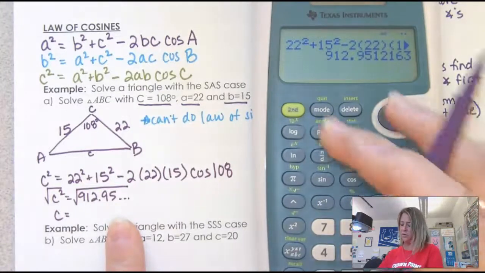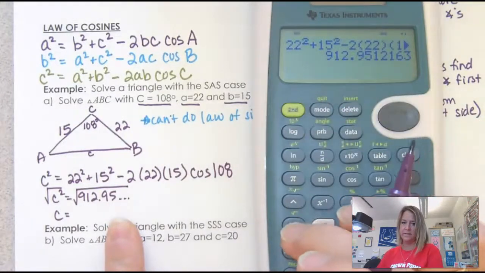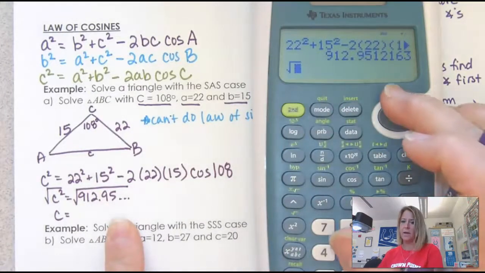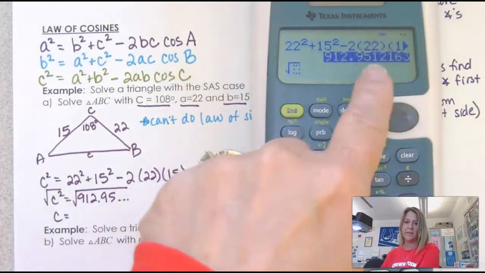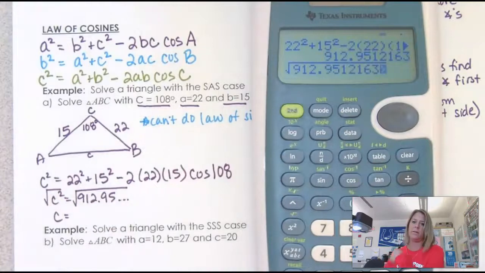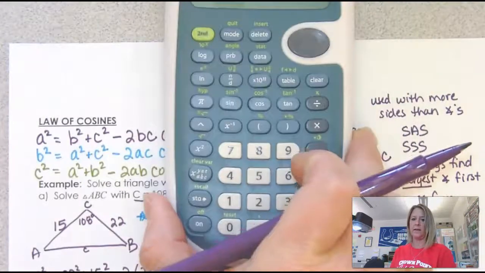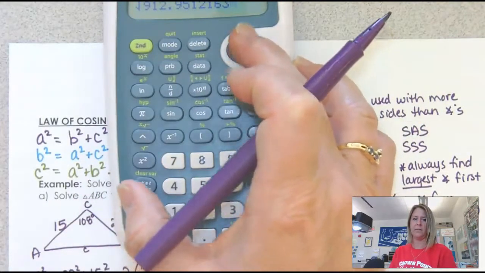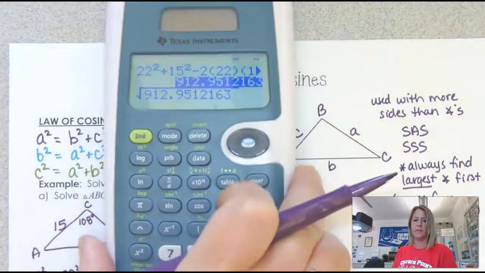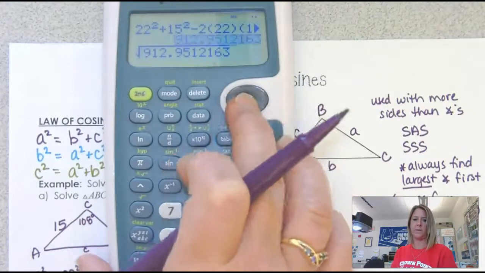I'm going to use the square root button, and I'm going to go back up and highlight that, because if I try to type it in, I might not type in exactly what's there. You guys see how I did that? I used the up arrow to highlight it, and then when I hit enter, it just popped in there.